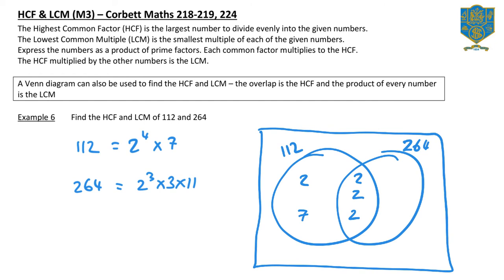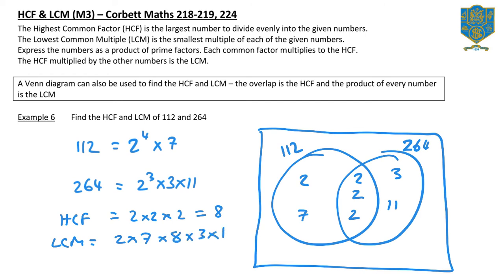Within the 264, we still need the 3 and the 11. So what we have is that the HCF is the overlap, so that's going to be 2 times 2 times 2, which is 8, and the LCM is going to be 2 times 7 times 8, the HCF, multiplied by 3 times 11, which gives us our 3,696, as we had before.